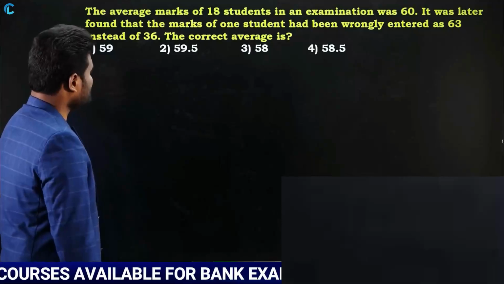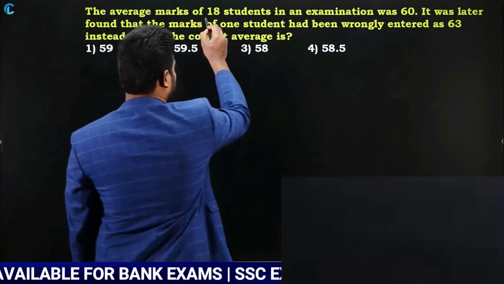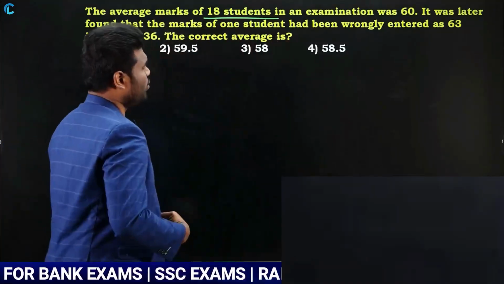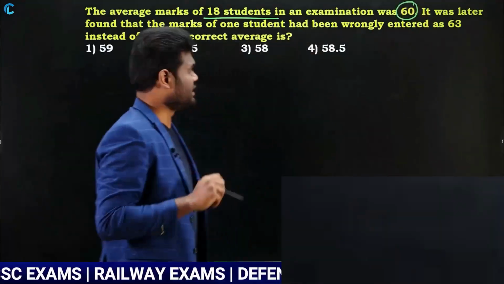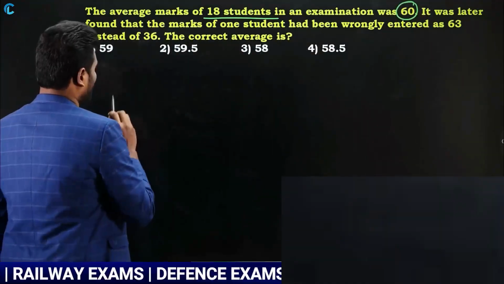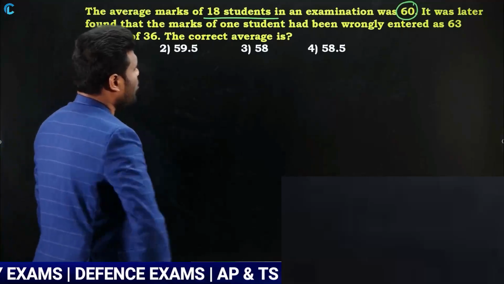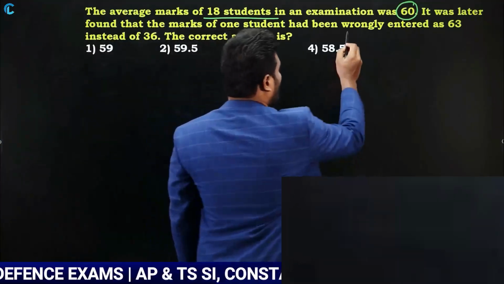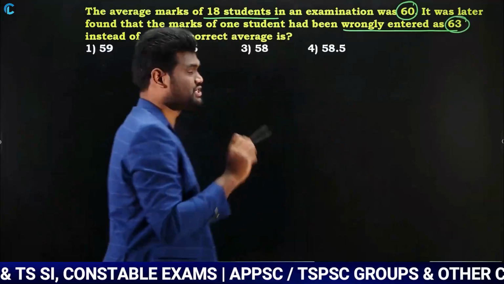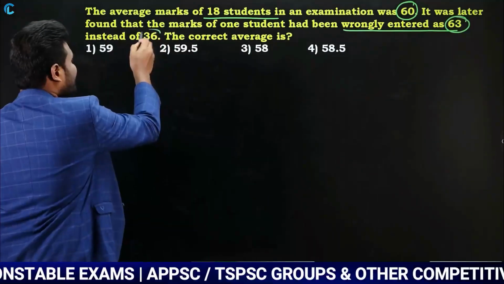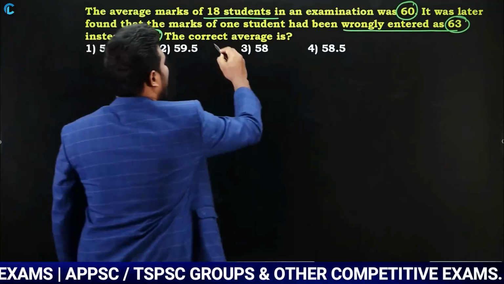The average marks of 18 students in an examination was 60. So the average marks of 18 students is 60. It was later found that the marks of one student have been wrongly entered as 63 instead of 36. The correct average is?